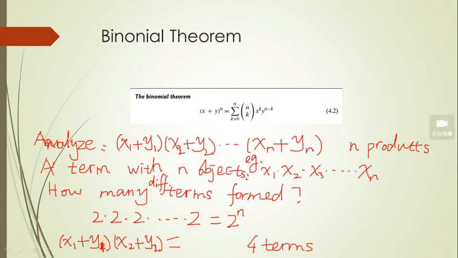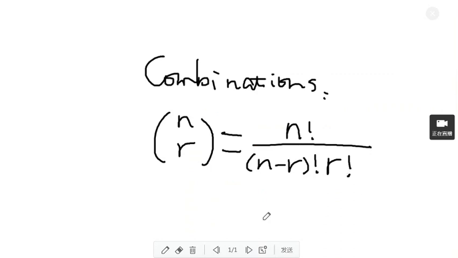Now, let's look at the 2 to the 3 case. I'm going to analyze when n equals 3, which means you have 3 products.